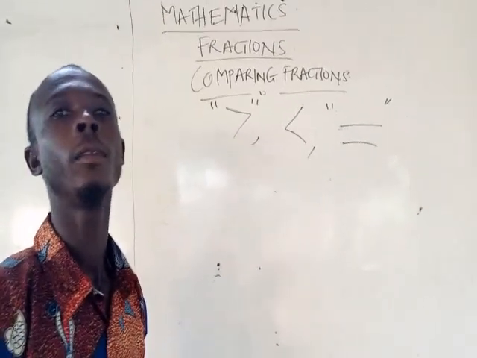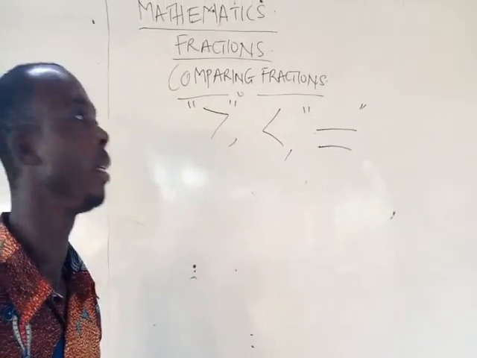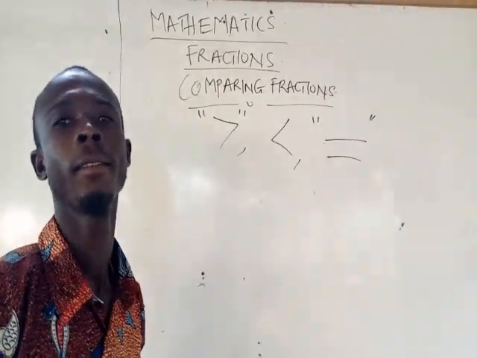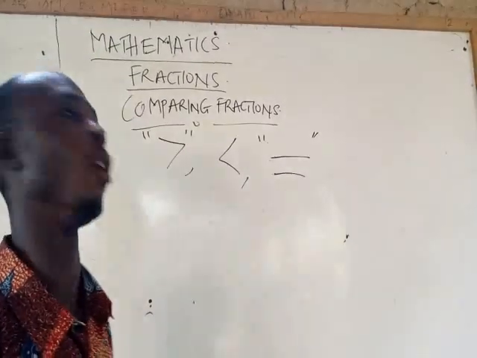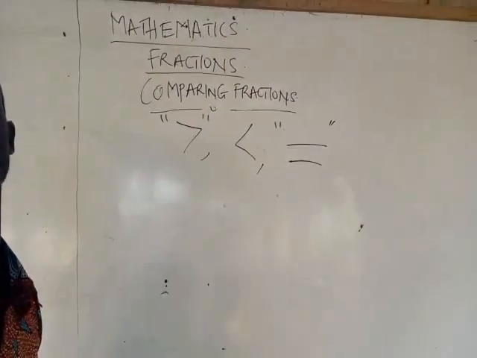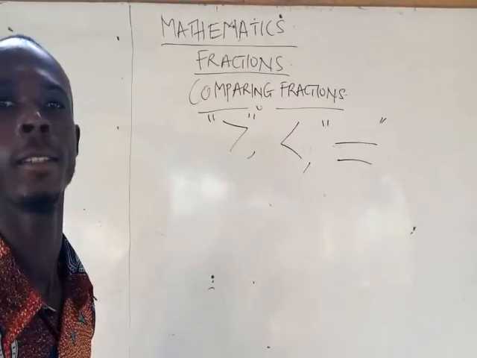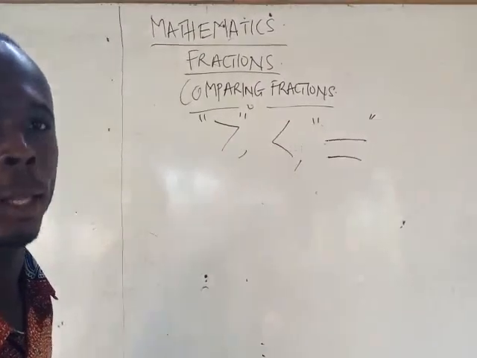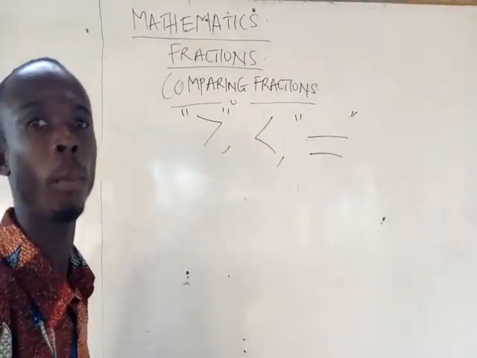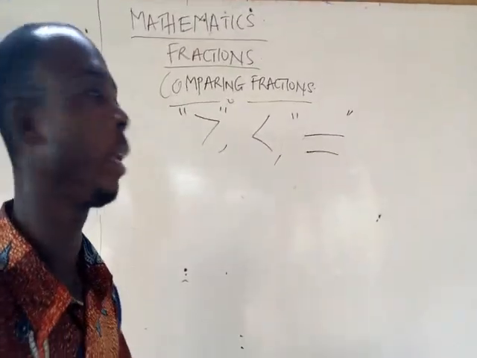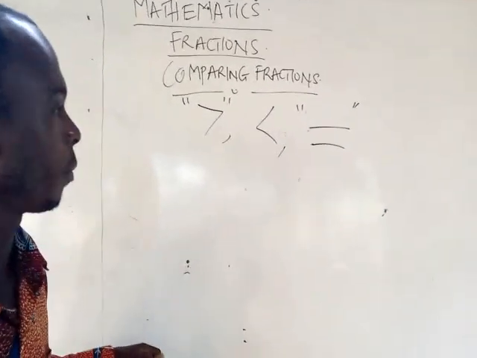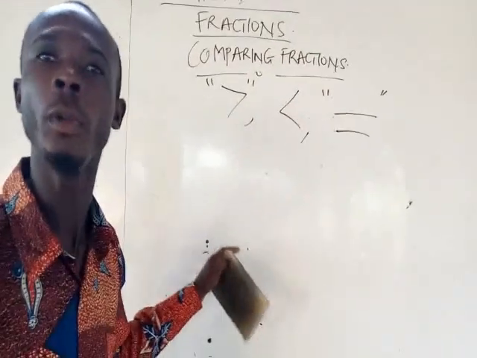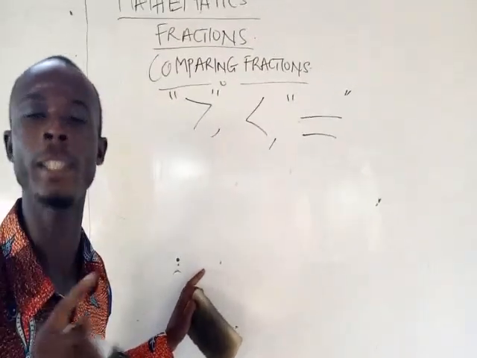I now want us to dip more into comparing fractions. Now, comparing fractions has been many students' headache. Many students don't understand this concept, and I will make it simple under this session. So to compare two fractions, when given same numerators, always the one with the least denominator is the greatest fraction.